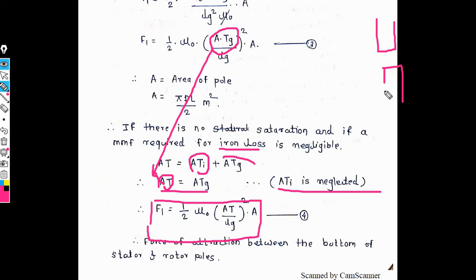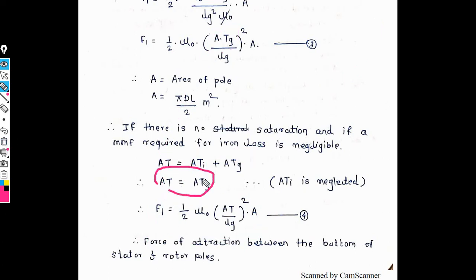We calculate only the ampere turns in the gap, because we have not considered the mmf in iron.